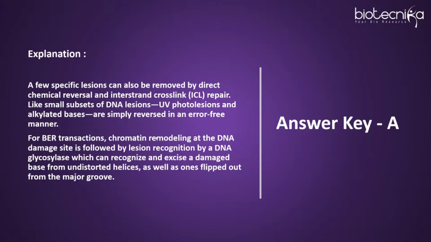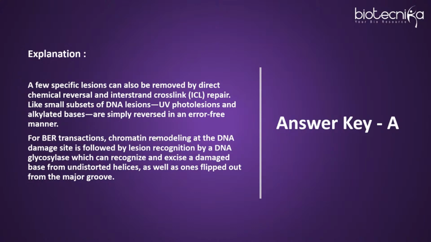In this repair also, direct repair participates, right? Small subsets of DNA lesions, like in case of UV photo lesions and alkylated bases, are simply reversed in an error-free manner. So there is no error involved in this particular case.